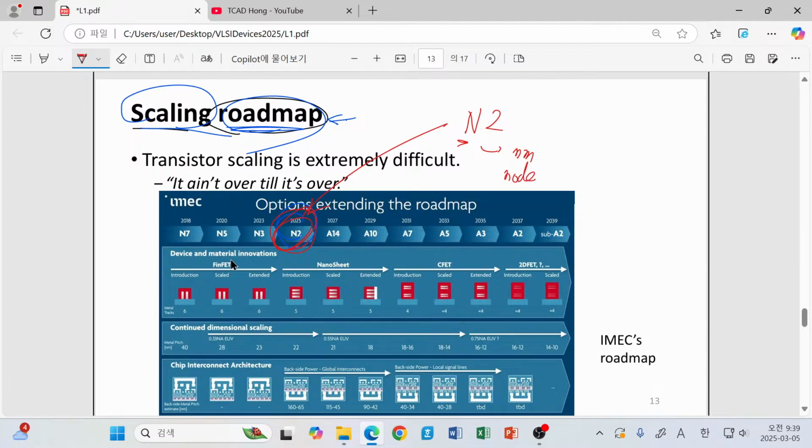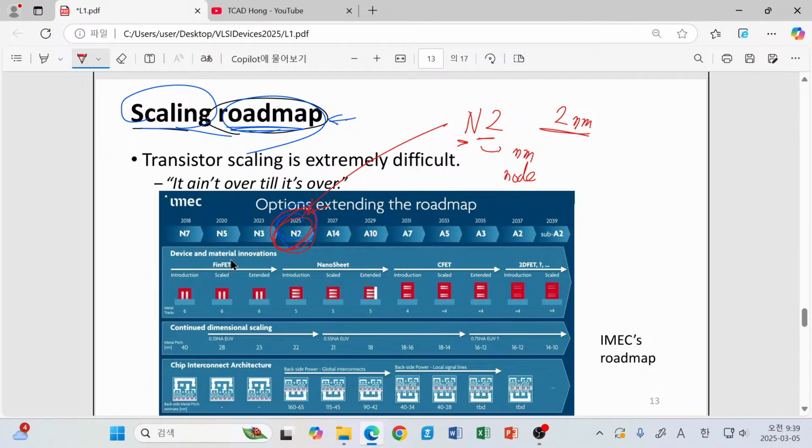But anyway, this number 2 corresponds to the 2 nanometer node, although there is nothing actually related to 2 nanometer. It's like a brand name for our current technology.